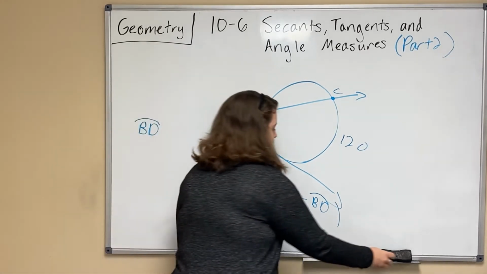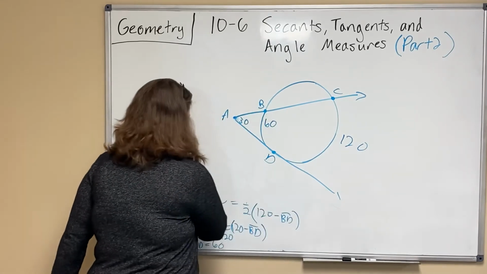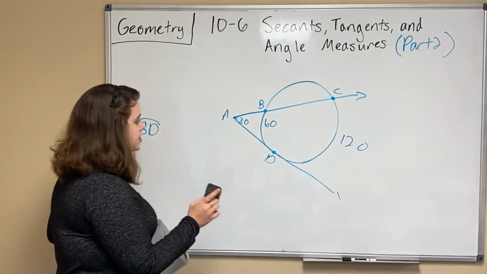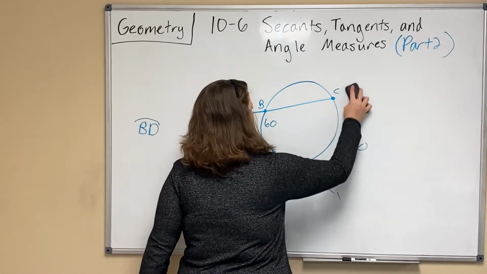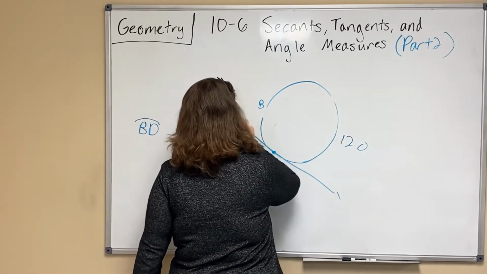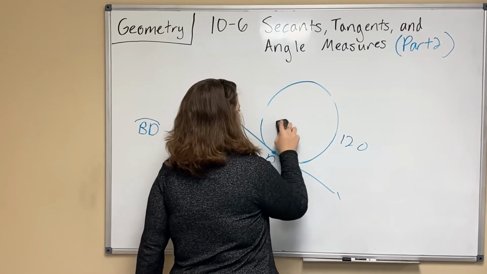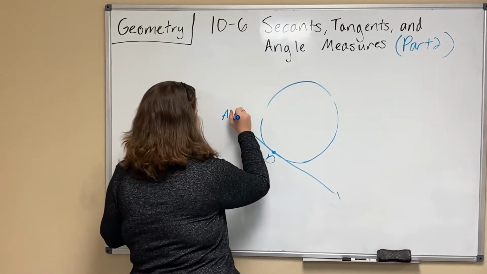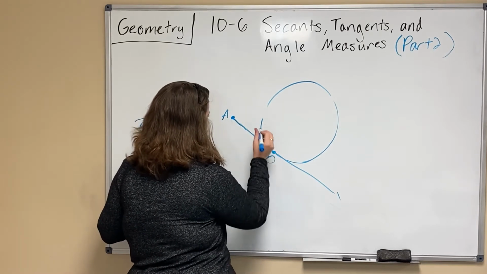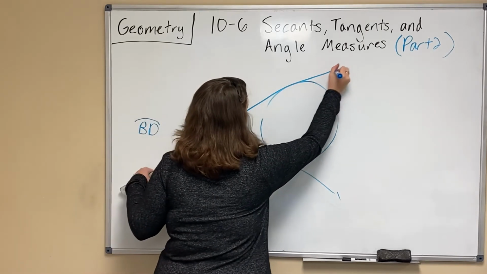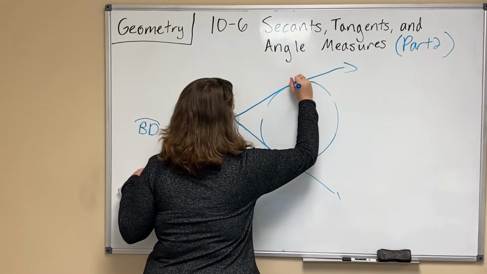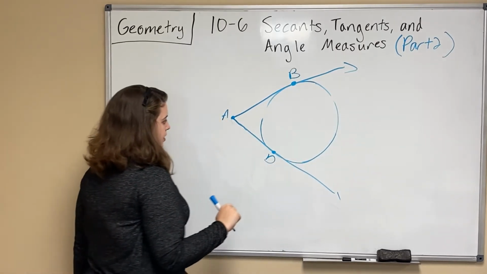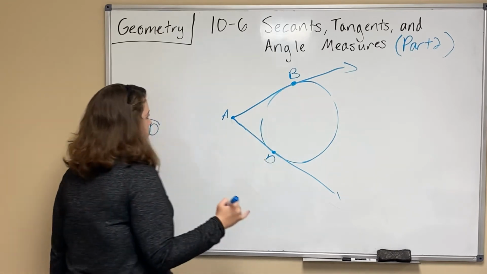The last one is just a tiny bit different. What do we do when we have two tangents instead of a tangent and a secant? I'm going to erase this top one here and put A back. Now again, a tangent just has one point of intersection. Just like we had one here, we have one here.